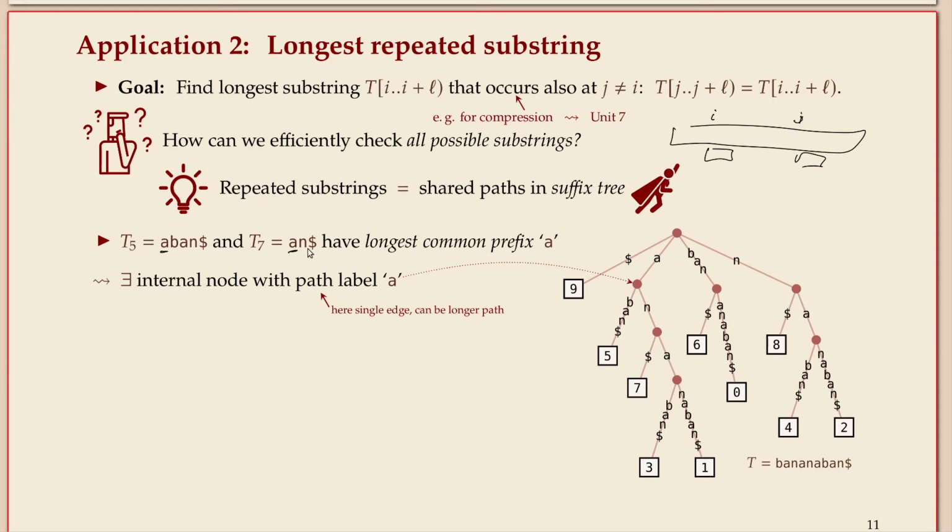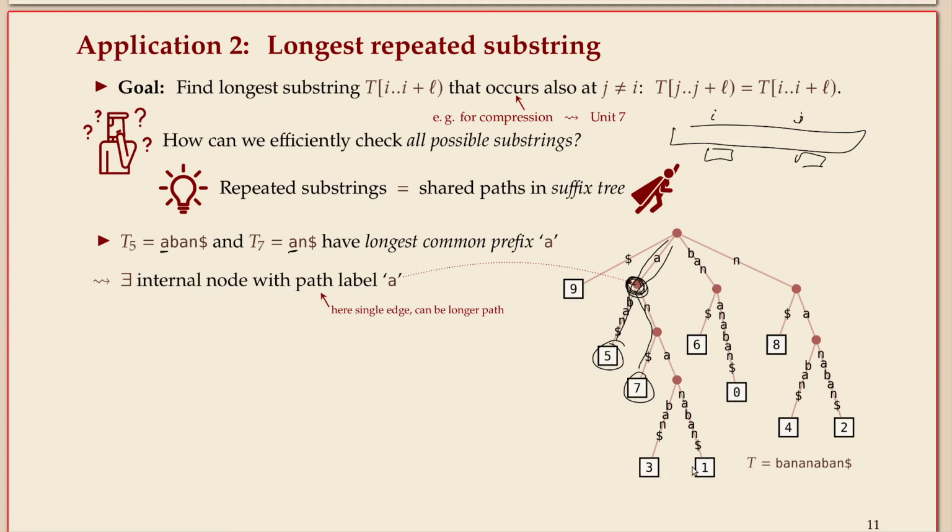Now, how is that reflected in the tree? If you take the two suffixes, they correspond to these leaves. Their paths from the root actually go via here and then here. So they split at this point. And this is exactly an internal node that corresponds to the shared common prefix. It's a single edge and a single letter here, but in principle it could be a longer example.